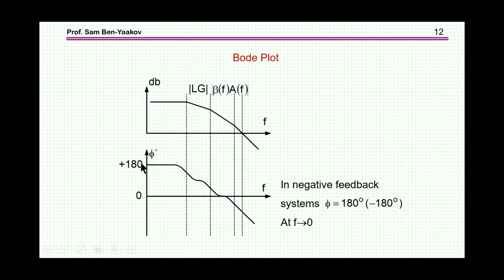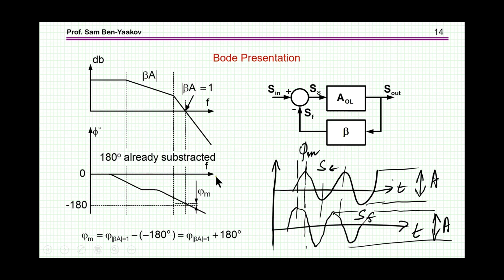So I'm showing it here, and then due to the lags, the phase shifting of the poles, the phase is lagging, going down and down. Usually we are not plotting it here with 180 degrees, but rather around 0, because we assume already that there is a built-in 180 degrees.